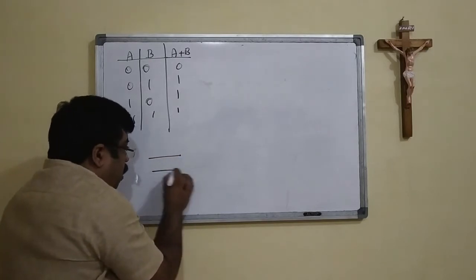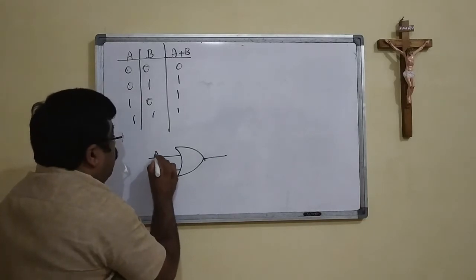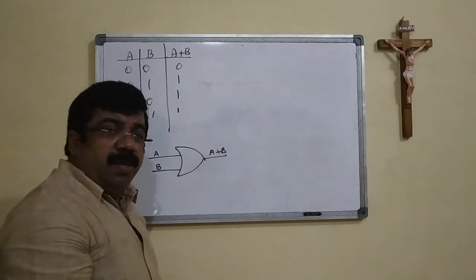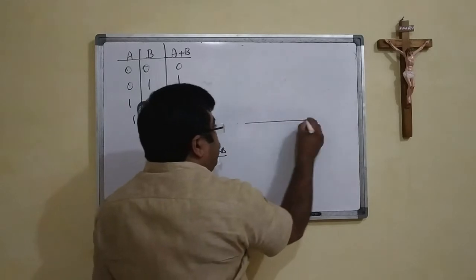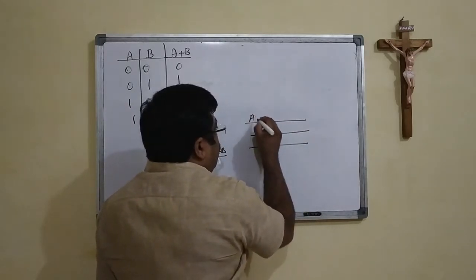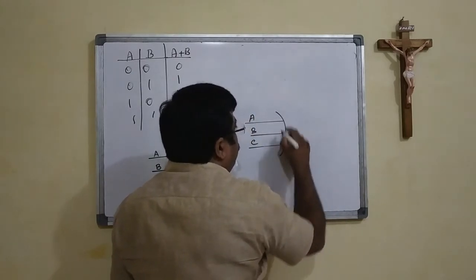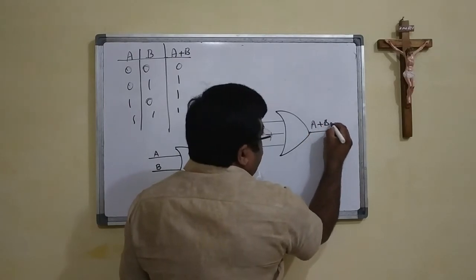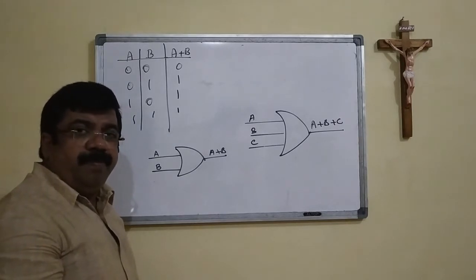Its logic circuit: this is A, B, this is A plus B. This can have more than two inputs. So we write them A, B, C. Then the output is A plus B plus C. I think it is clear.